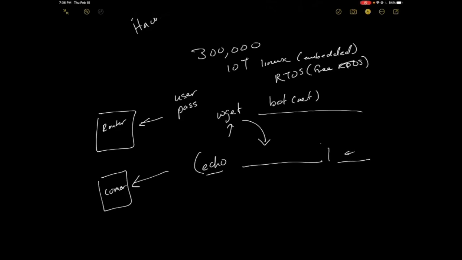Here you would write the file that represents webget to memory using echo, and then go ahead and execute it. So it's called an echo loader. It's a really clever strategy. And then once you have webget, then you can go ahead and download your more complicated and involved botnet code.